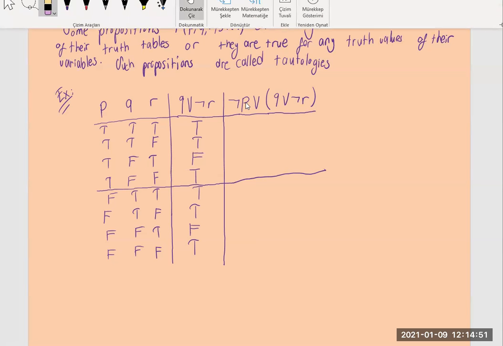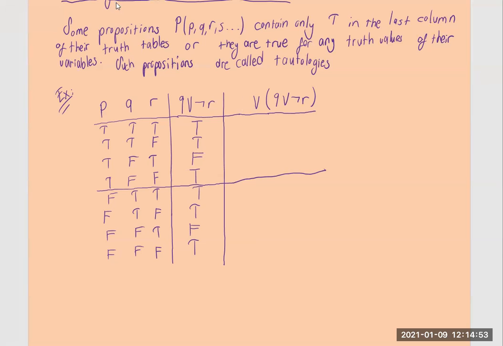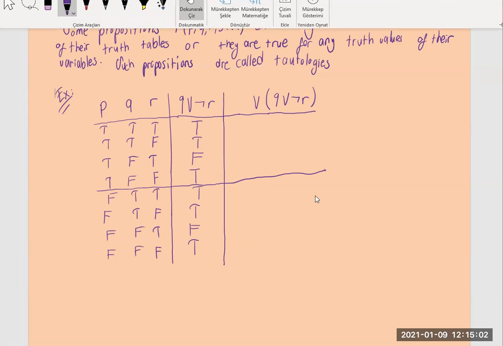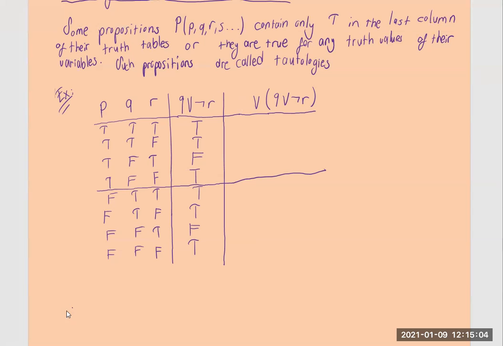This is better. If I write here an R, then I will have here true, true, true, true, true, true, true, and true.